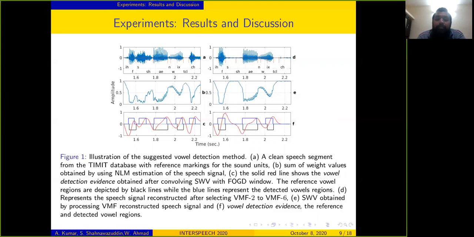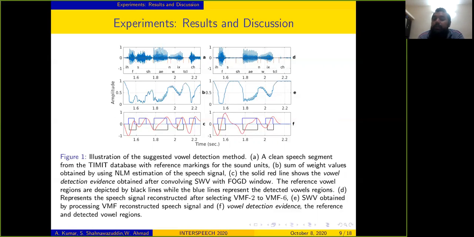Okay, and then the reference vowel regions are depicted by black lines here, where the blue lines represent the detected vowel regions. Okay, the part D represents the speech signal reconstructed after selecting only VMF2 to VMF6.